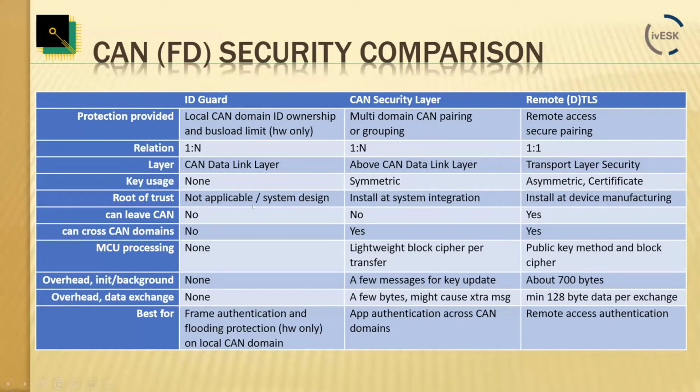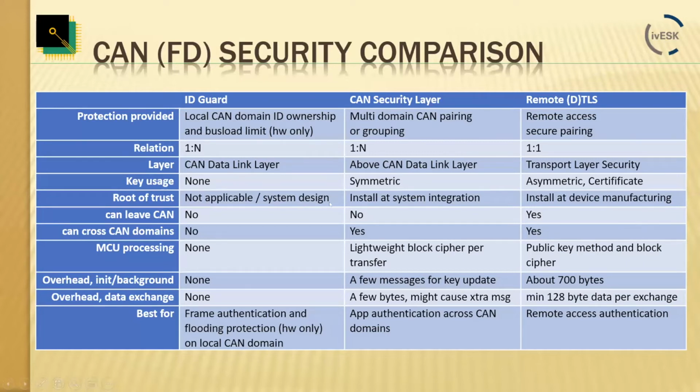So the root of trust with ID guarding is not really applicable, it is more on a system design level. I always say, speaking to you programmers out there, it's roughly at the same point where you sometimes have your code development. So if you develop a system where all devices are under your control, then you would put the root of trust probably directly into the code and put the ID guarding as part of your code.